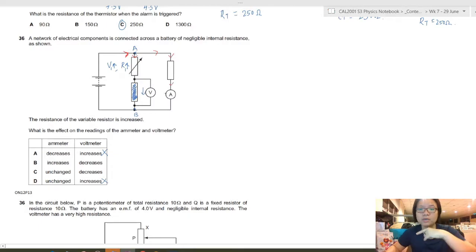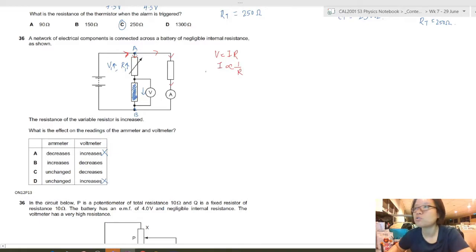Current is shared across the branches and is in inverse proportion to resistance. The higher the resistance, the less current will flow into that branch, so that the potential remains the same. V equals IR. Parallel, so V is constant, I is inversely proportional to R.